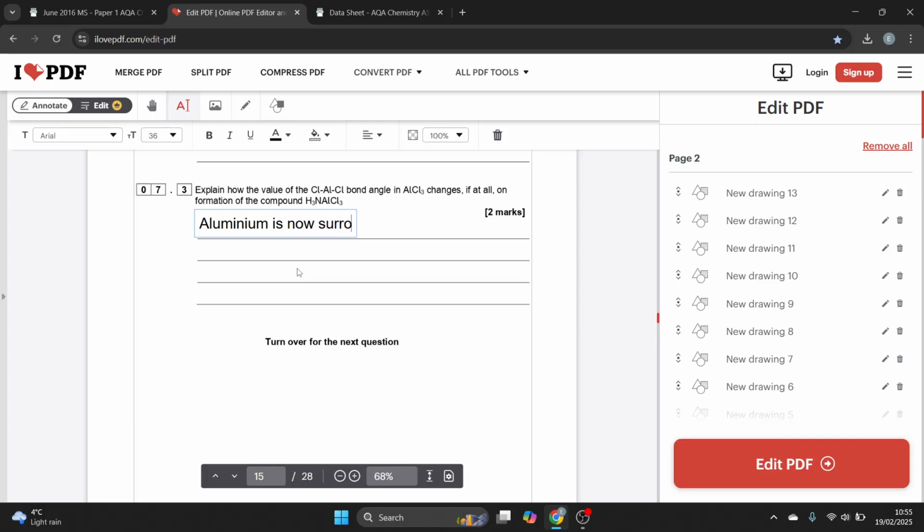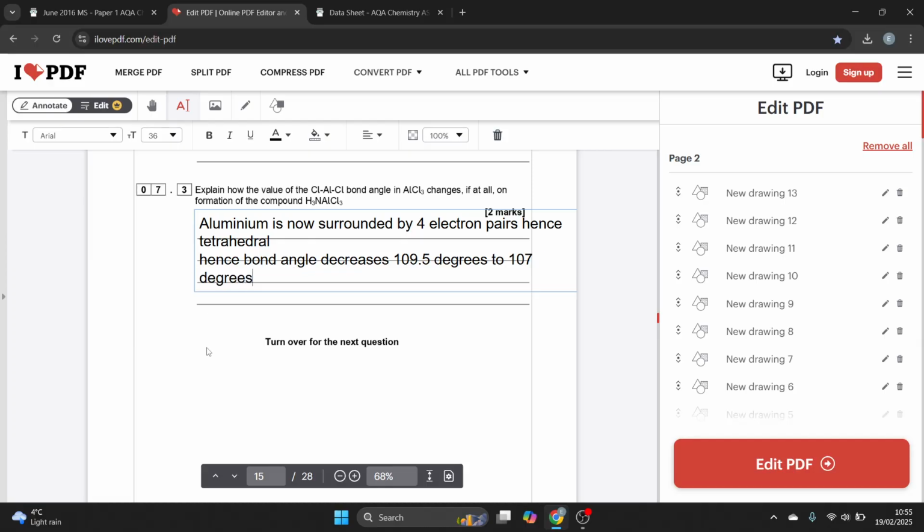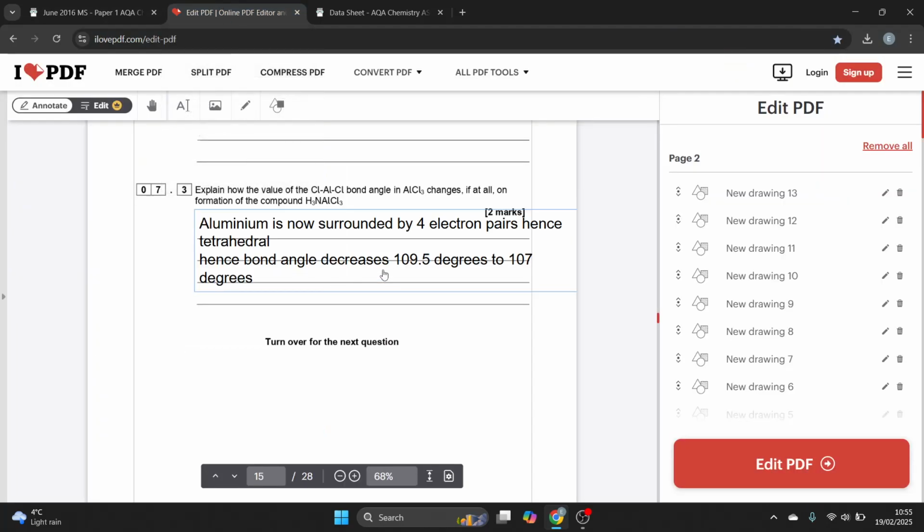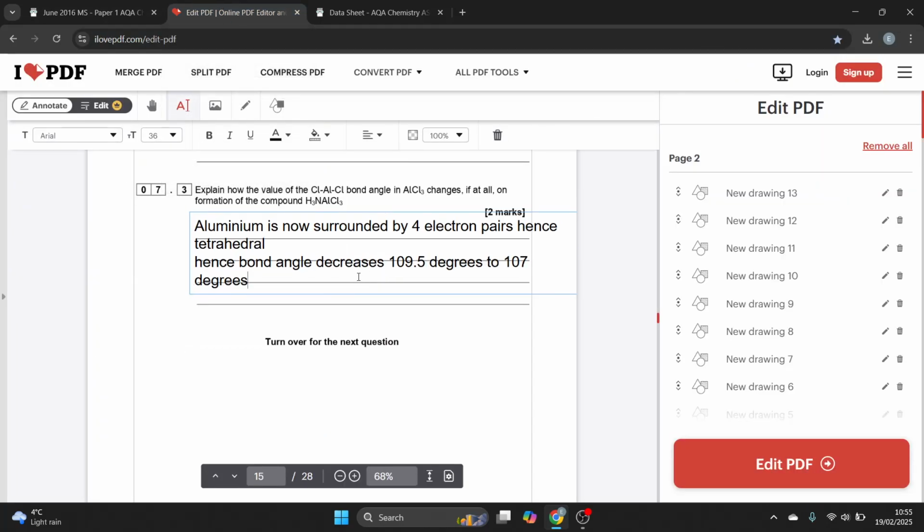Hence the bond angle decreases from 120 degrees to 109.5 degrees.